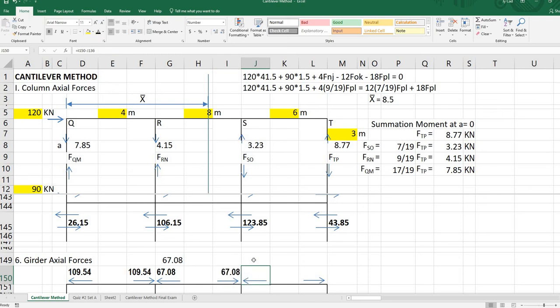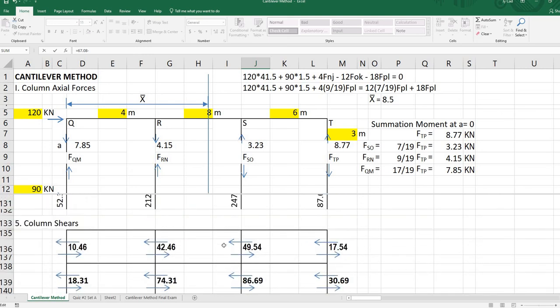So I will unhide again. Tapos dito naman, this is equal to summation forces horizontal equal to 0. So ang nag-a-act dyan would be 67.08. Positive siya kasi directed rightwards, and then minus yung column shear na 49.54 kasi to the left.